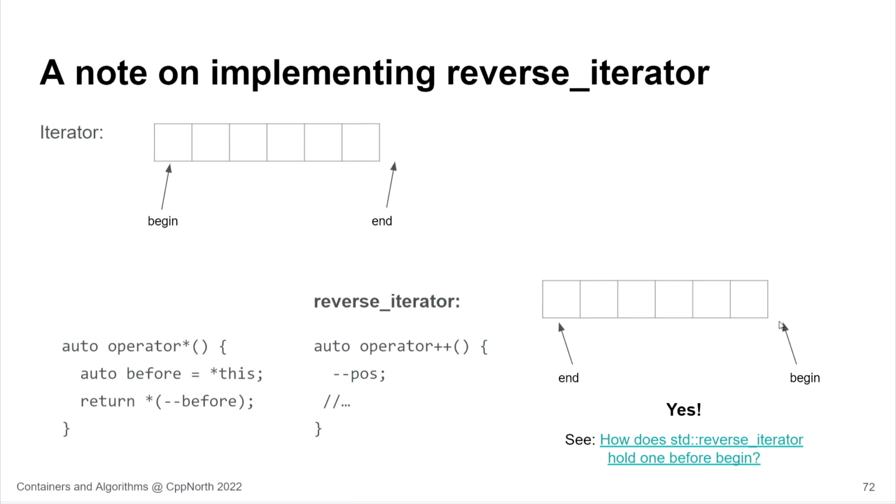But you can call star on begin, because I would bring the content from this one without moving the begin. Only when you say plus plus, I would move the begin to here, and then it actually thinks that it is here, but it would bring the content from this one. This is how reverse iterator is being implemented. And again, these are small details that the implementer needs to follow, otherwise the code is ill-formed. The code has undefined behavior if you point to somewhere in the memory that you should not point to.